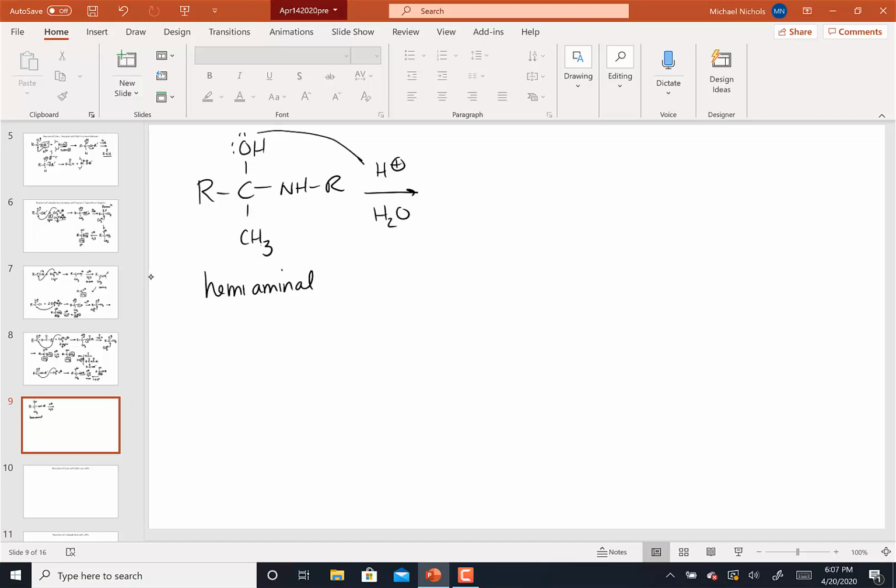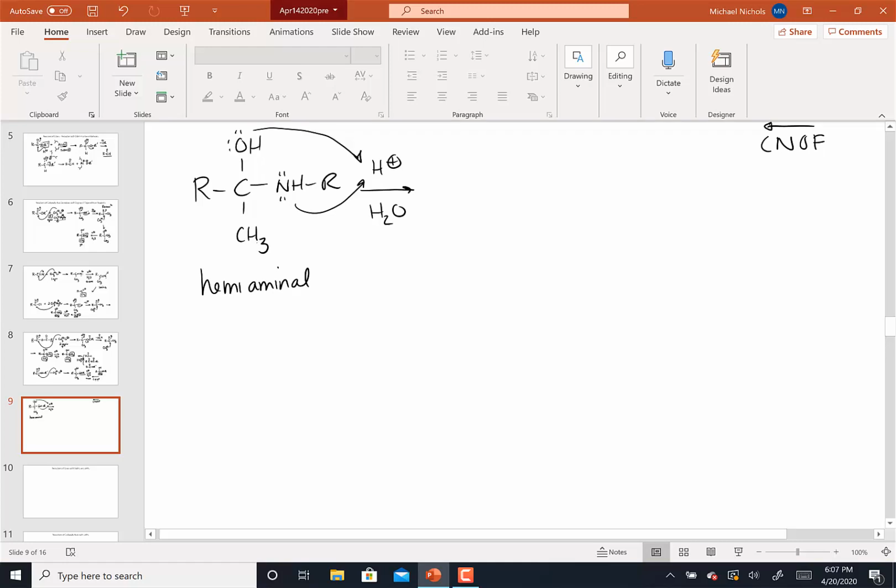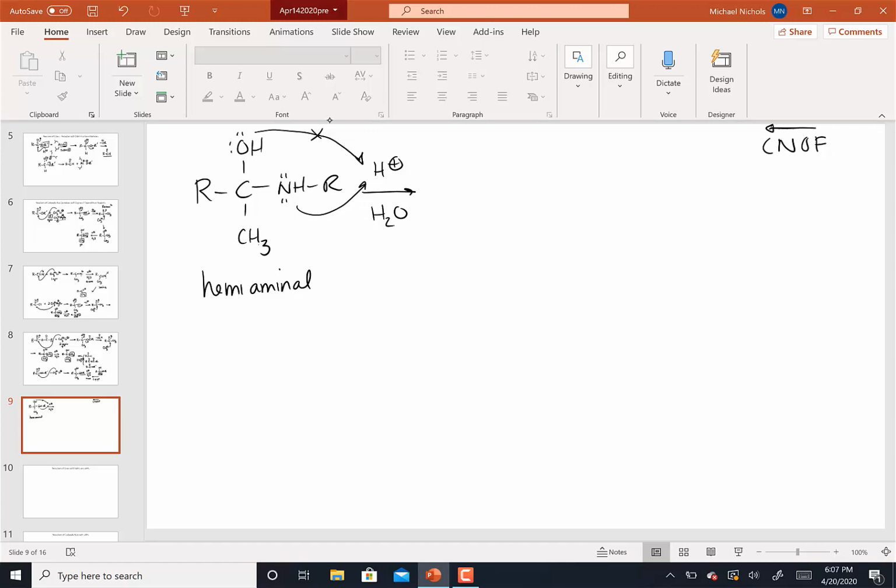The OH comes and gets protonated by the H plus. Although, I'm going to be honest with you, which one's going to get protonated, the OH or the NH? Which one's a stronger base? The N is going to be a stronger base, and so the oxygen isn't going to be protonated, the nitrogen is.